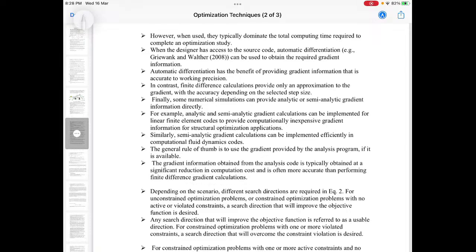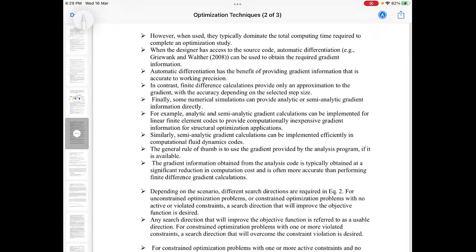So we can reduce the computation cost by prefetching the data. That is, it obtains the gradient information using the analysis codes, and from the gradient information, a significant reduction in the computation can be achieved, which will reduce the costs. Depending on the scenario, different search directions are required in equation number 2.